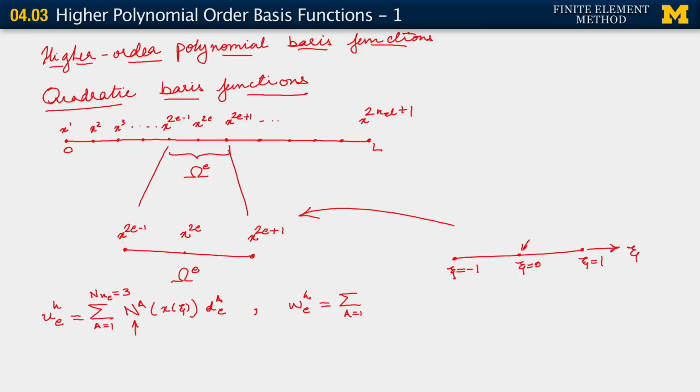A equals 1 to the number of nodes in the element, N_A(x), also parameterized by c through our mapping, multiplying c_A^e. Okay? And the question that we are going to address over the next few minutes is just how do we construct these N_A's for the case of quadratic basis functions.